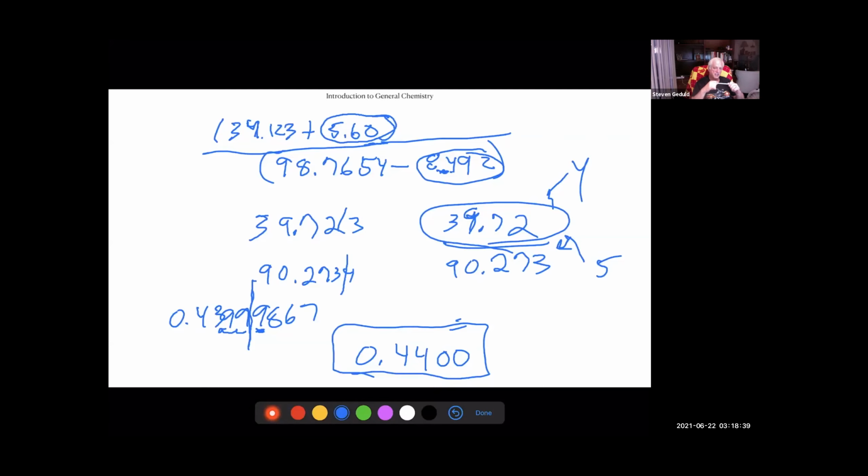Adding and subtracting is the least accurate number. Okay. Multiplying and dividing is the least number of significant figures. Okay, got it. Okay, perfect.